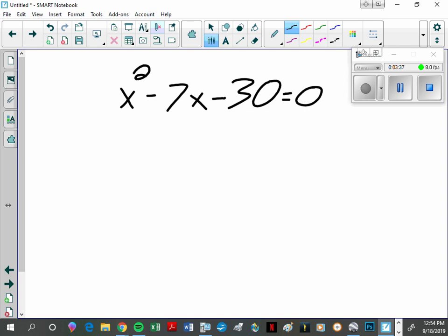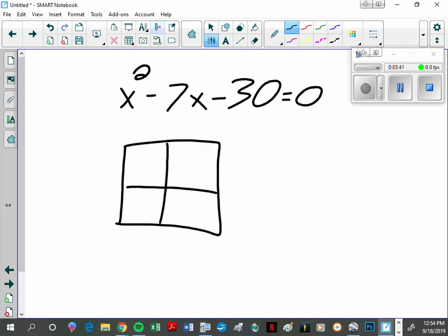We have to use the box. So I draw the box, and I put in x squared and negative 30. Multiply those together. So x squared times negative 30 is negative 30x squared. Okay.